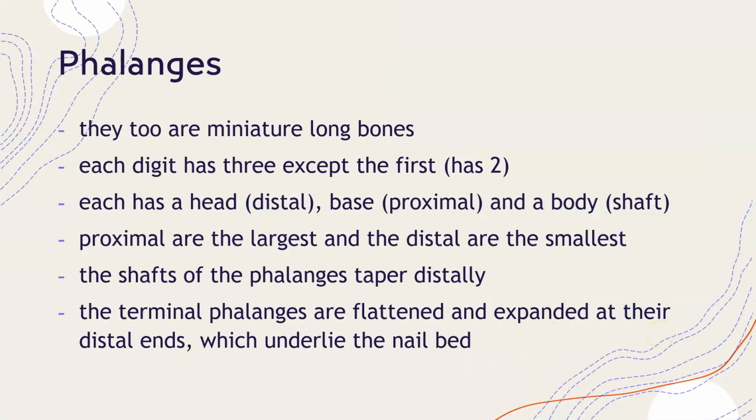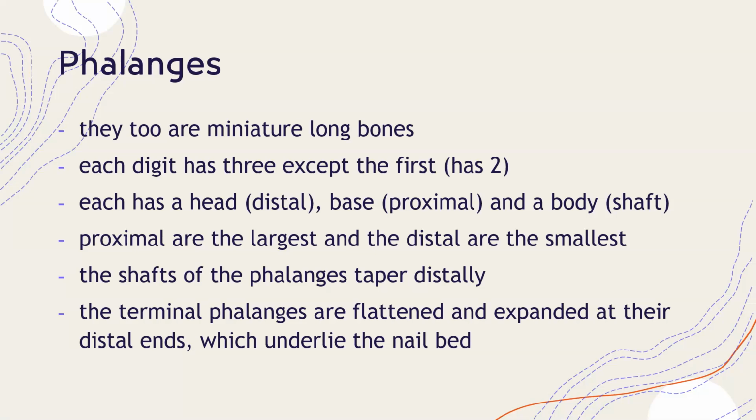Each has a head, which, similar to the metacarpal, is the distal part of the bone. The base is proximal, and then there's a body or a shaft. The proximal phalanges are the largest, so if there's 3, the proximal is the largest, and the third of fingers 2, 3, 4, or 5 is the smallest.